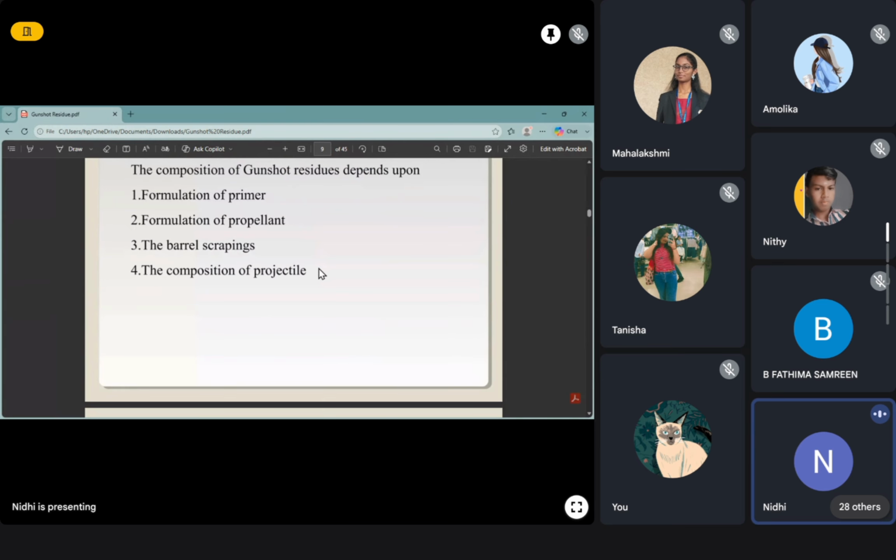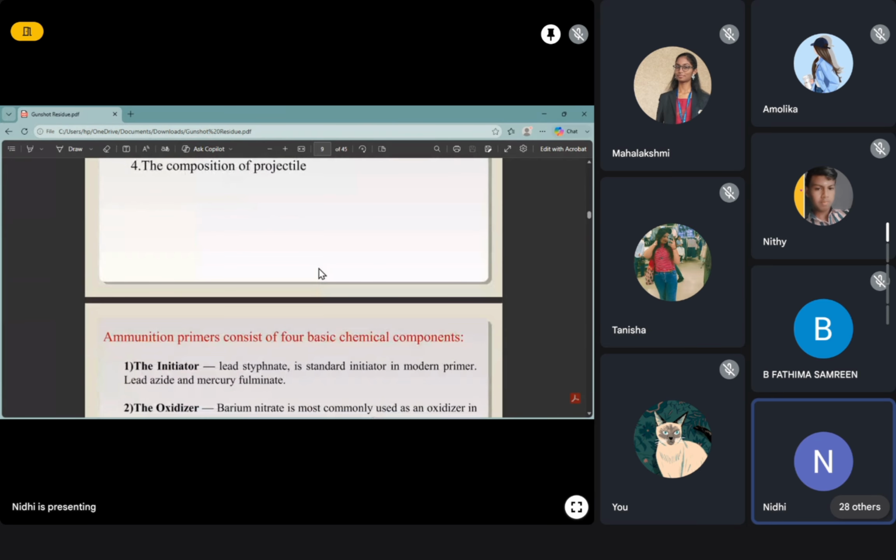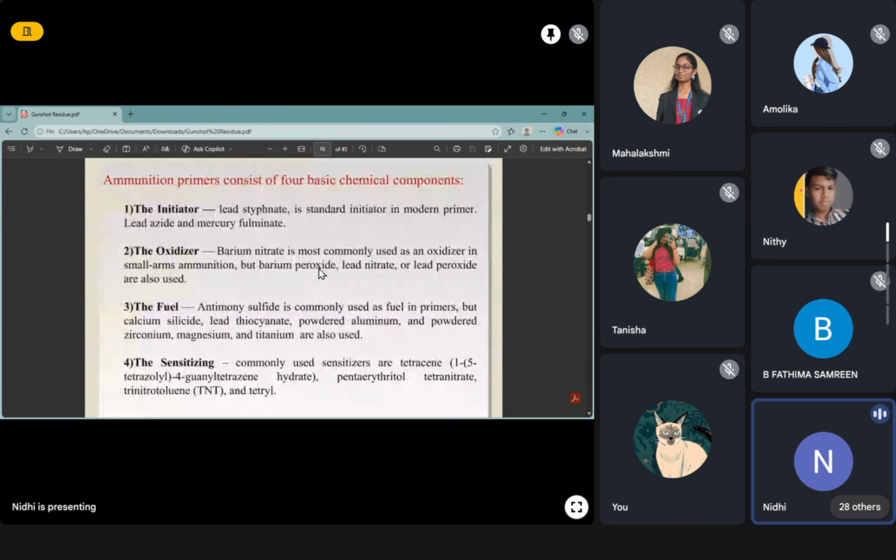Then the composition of the projectile. Ammunition primers consist of four basic chemical components. The initiator, we talked about this yesterday. Lead styphnate, which is a primary explosive, is the standard initiator in modern primers. Lead azide and mercury fulminate are also initiators. Then comes the oxidizer.